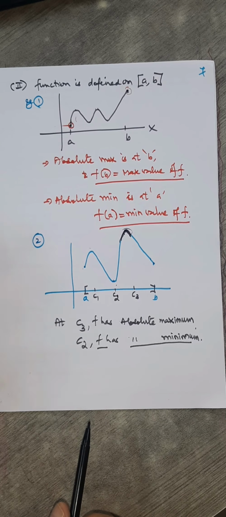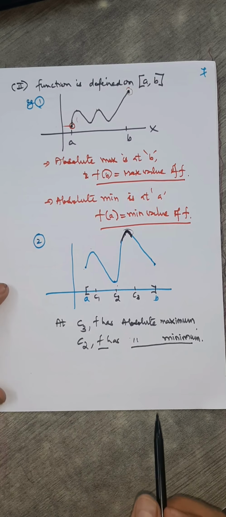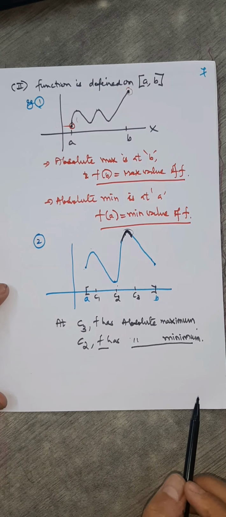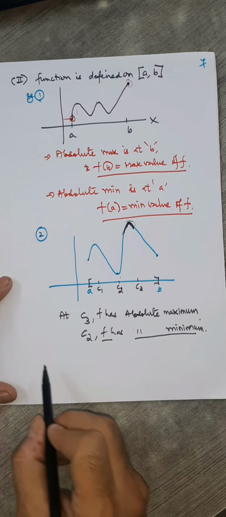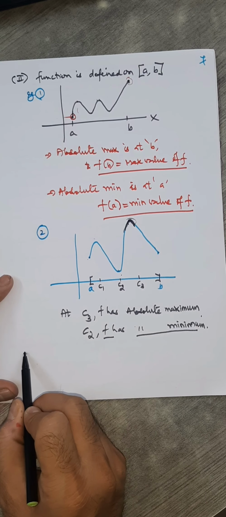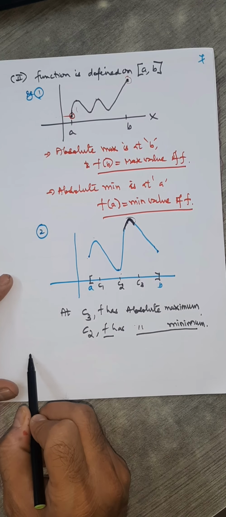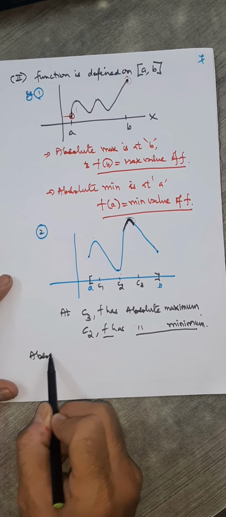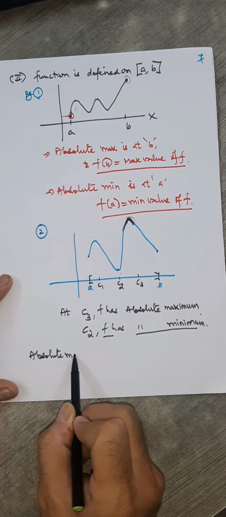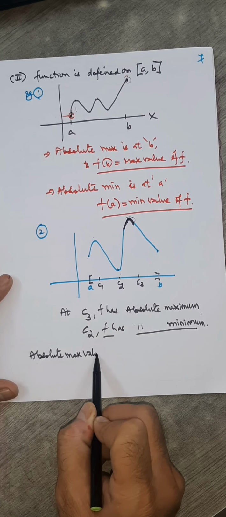Clear? So whenever the function is defined on the interval, what we'll do? Every time we are not going to draw the graph of the function. So we'll use this whenever the function is defined on the interval to find the absolute maximum value. What we do?